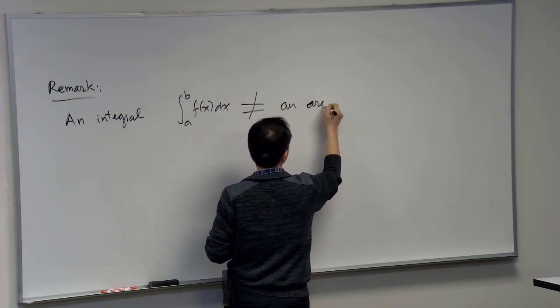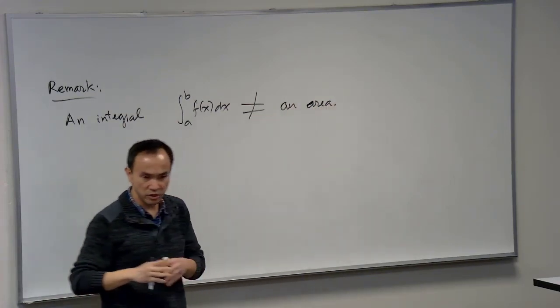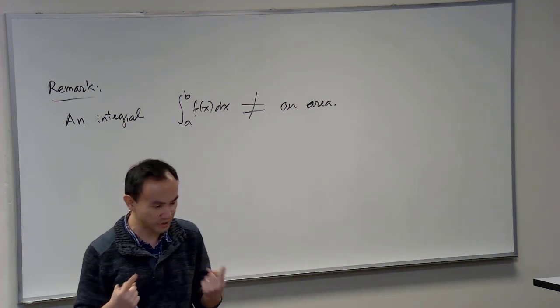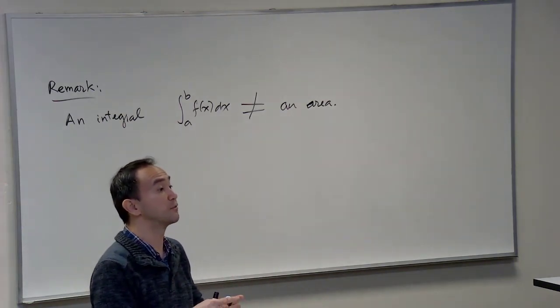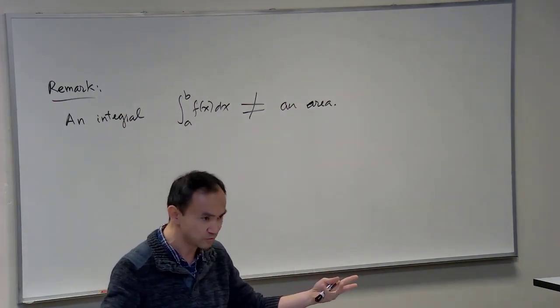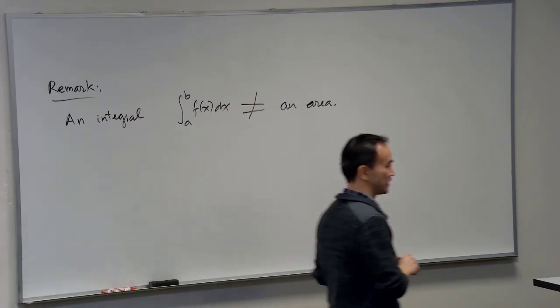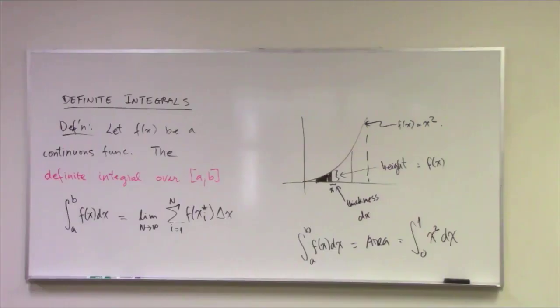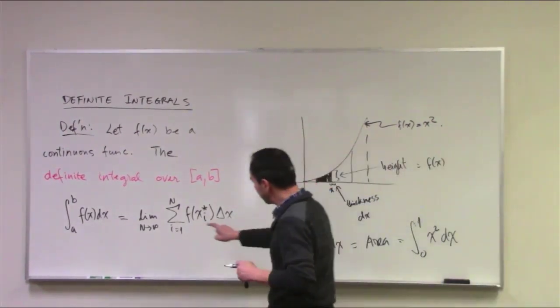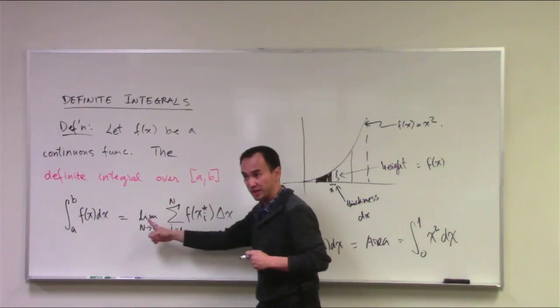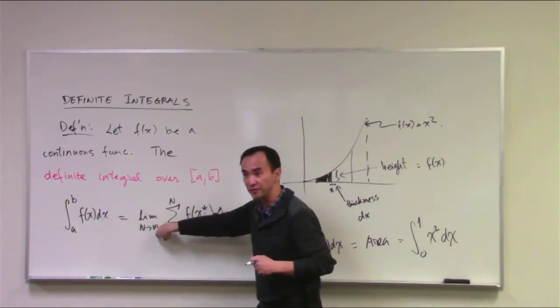Usually when we use this example, people tend to think that any answer for an integral has to be an area, but nope, it's not. The integral itself, just like what I wrote down on the board, can simply be a Riemann sum where we take the number of subintervals to infinity.